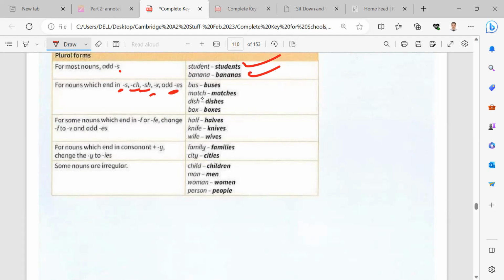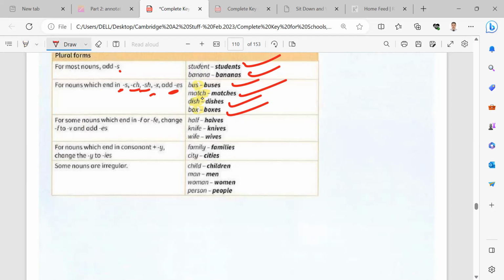Right? Bus, buses. Can you read this, Nawaf, please? Bus, buses. Match, matches. Dish, dishes. Box, boxes. Please, Nawaf, focus on the last letter. The last letter, here S, CH, SH, X. That's why you must write ES at the end.